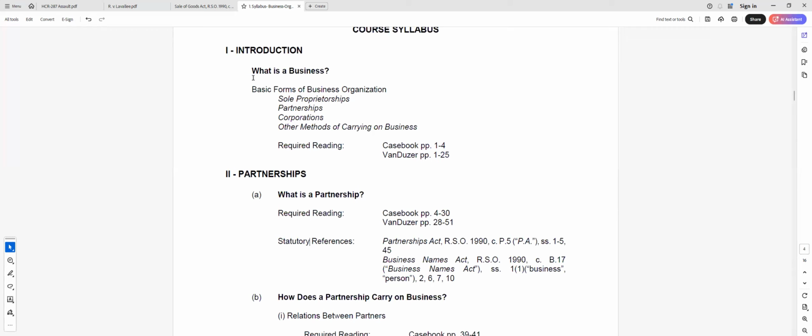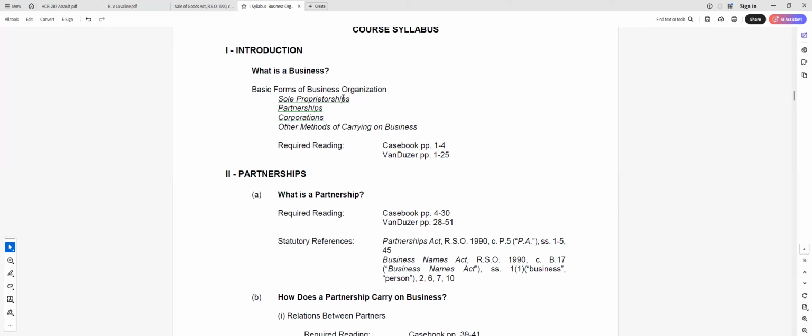So business, here the first topic is introduction. Basically, in the introduction they are taking you through a brief introduction to different forms or methods of carrying on business. Okay, so the three major forms or types of business organization that we saw, that we are going to learn in today's class.